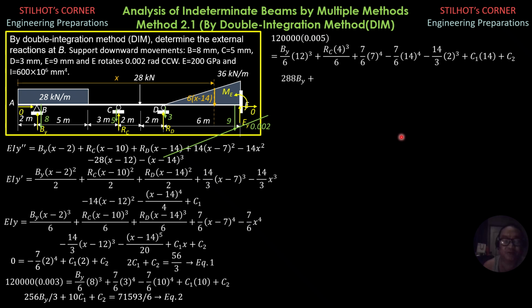Simplifying, 288 By plus 32 over 3 Rc plus 14 C sub 1 plus C sub 2 equals 255,929 over 6. Call that equation 3.